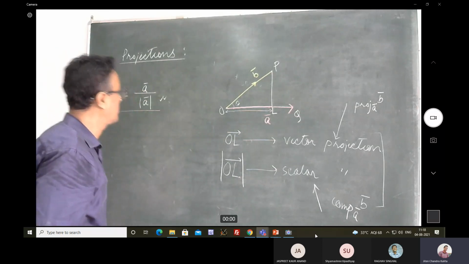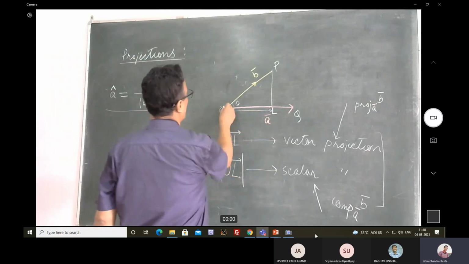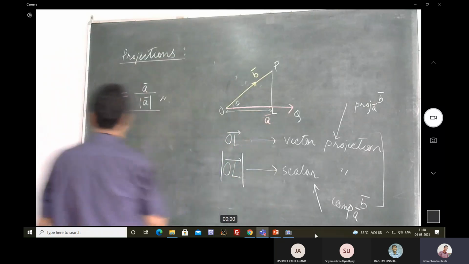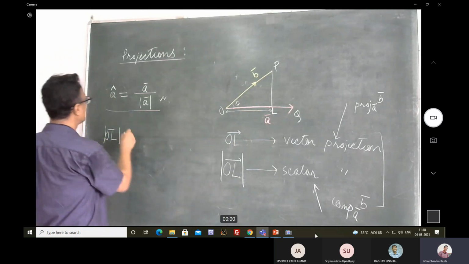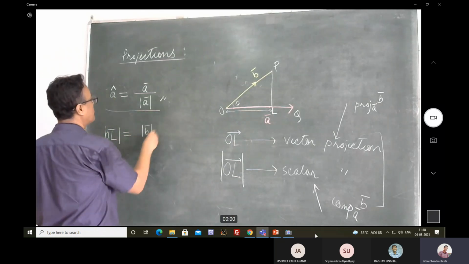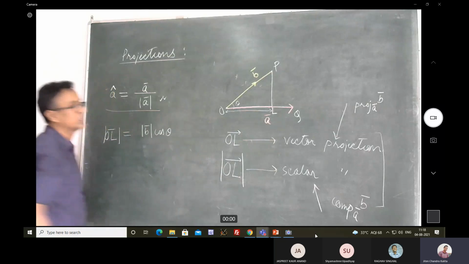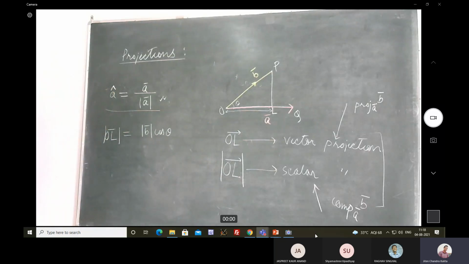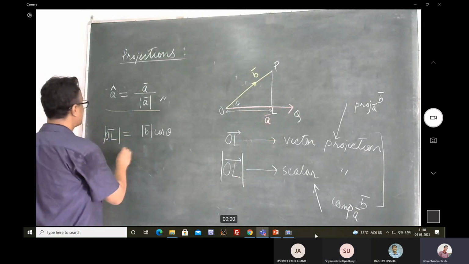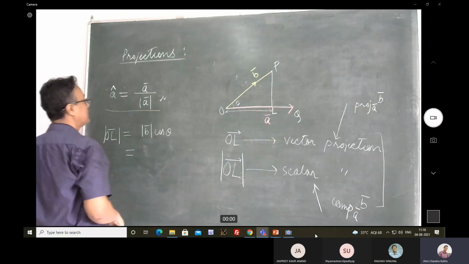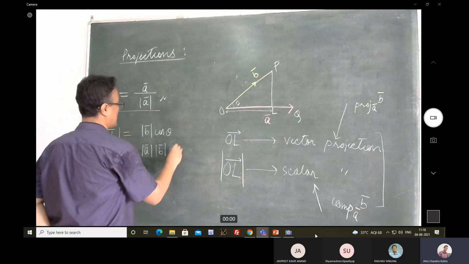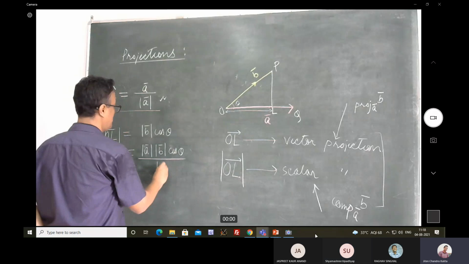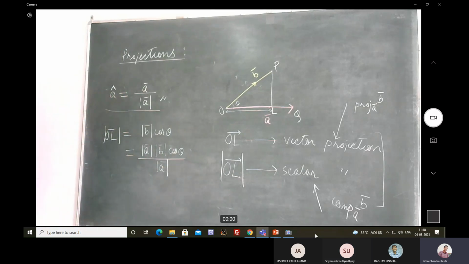So now, if I consider this OL, the mod of OL is nothing but mod of B cos theta. Is it okay? Fine. So that is why I can again write it as cos theta by this.